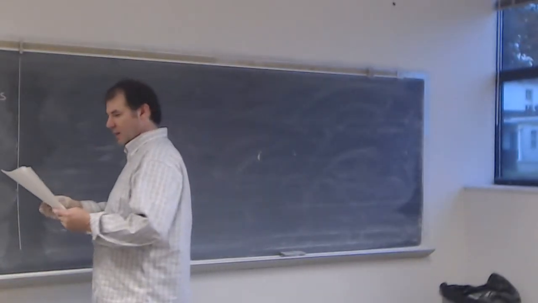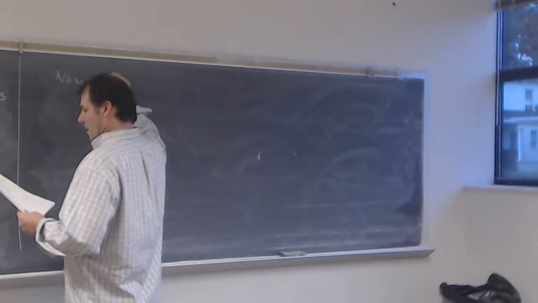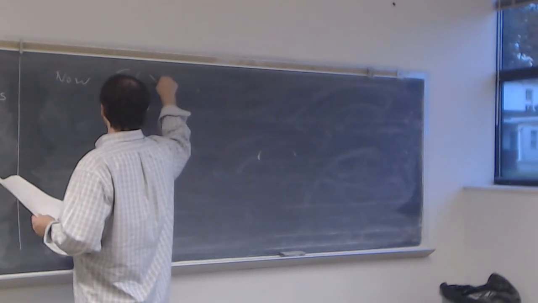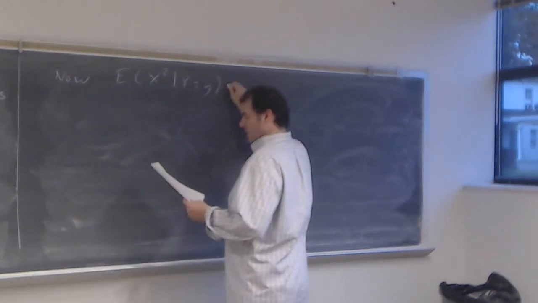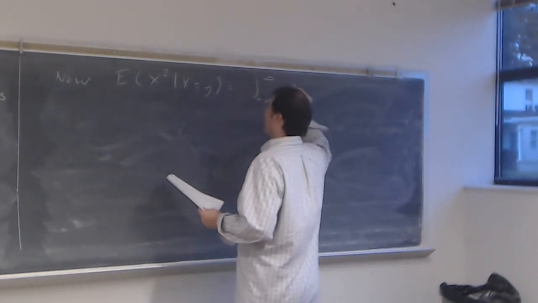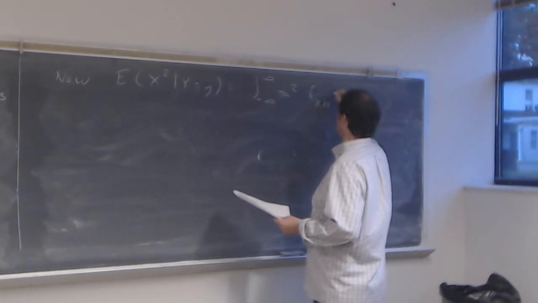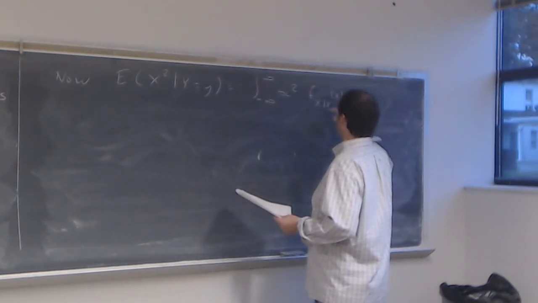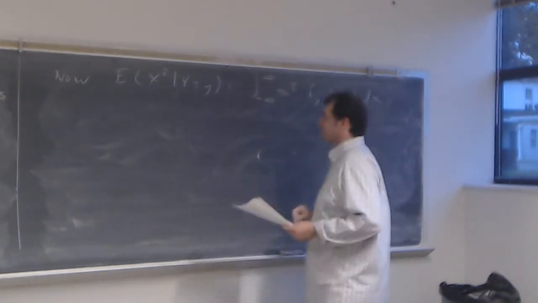Okay, let's see that. All right. Now, the conditional expectation of x squared given y equal to y is equal to the integral from minus infinity to infinity of x squared times the conditional PDF of x given y, and then we integrate with respect to x.